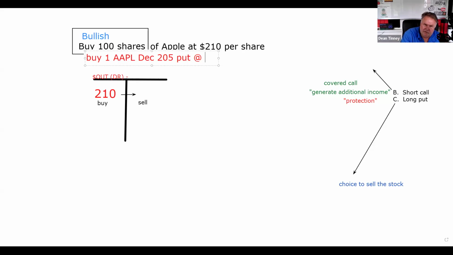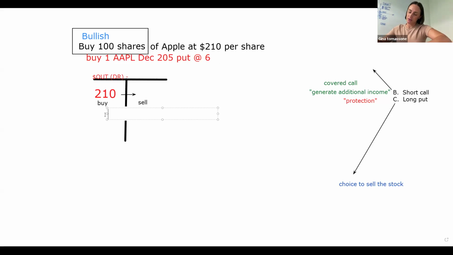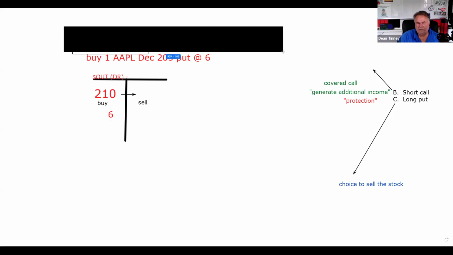And let's say we can get this for 6. Is that money out or money in? If you bought it, it's money out. Now, again, this is where people get hung up. People say, oh, Dean, I know the break even is 205 minus 6. It's 199.